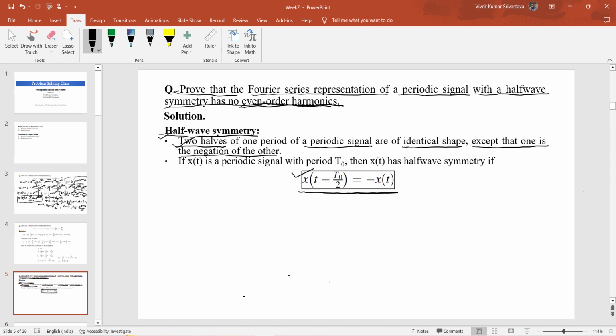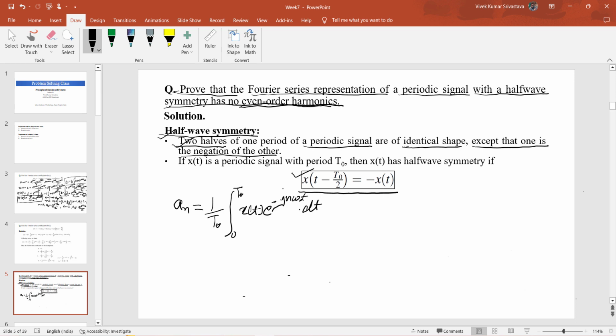As we know, for a complex exponential signal, the Fourier series coefficient is defined as a n equals 1 over t naught, integral 0 to t naught, x of t into e raised to the power minus j n omega naught t dt.